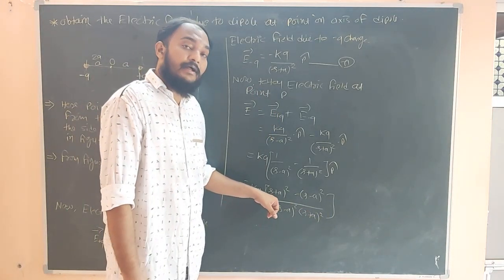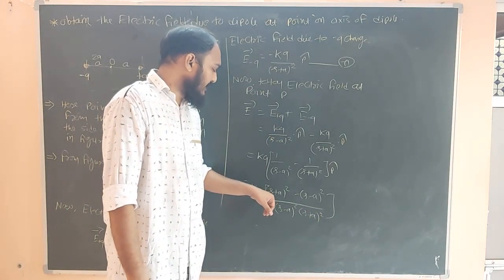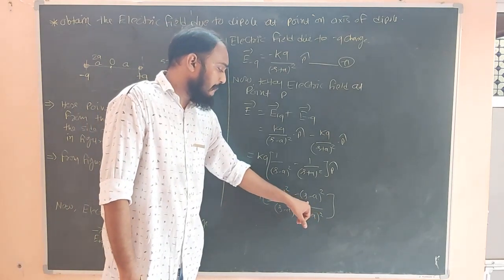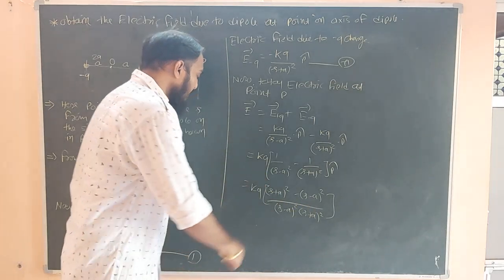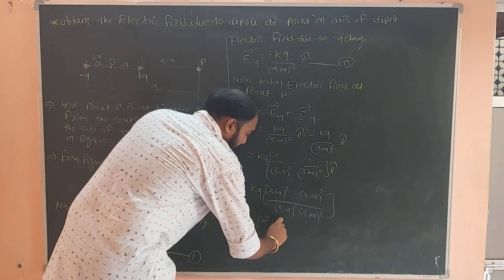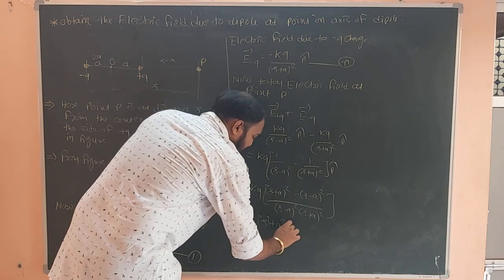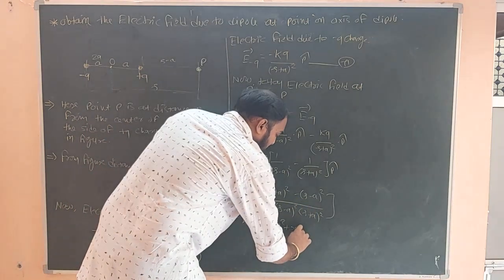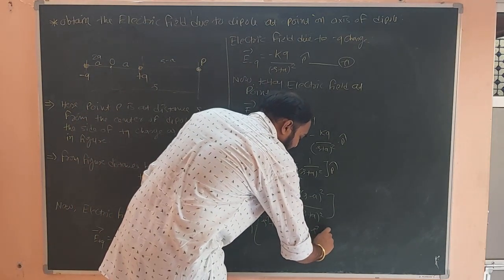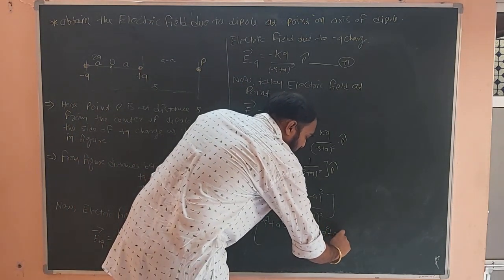Now in the numerator, (R plus A) whole square minus (R minus A) whole square. So R square plus A square plus 2AR, minus R square minus A square plus 2AR.